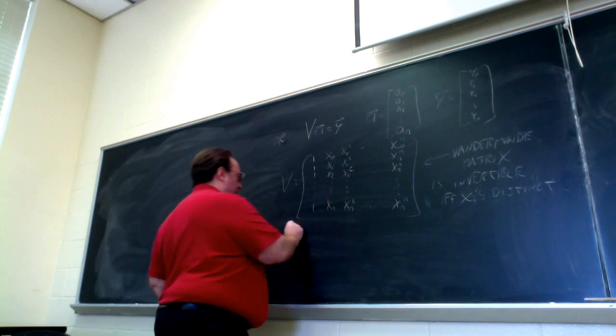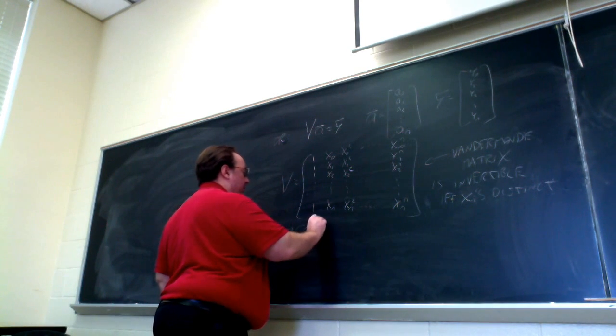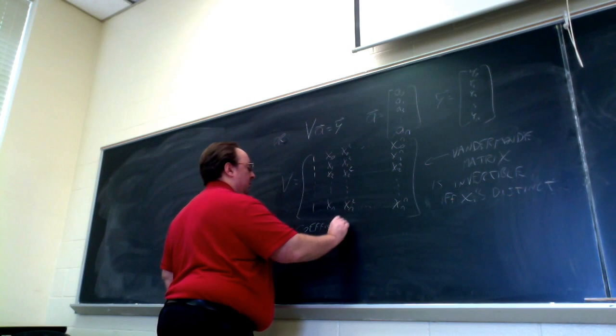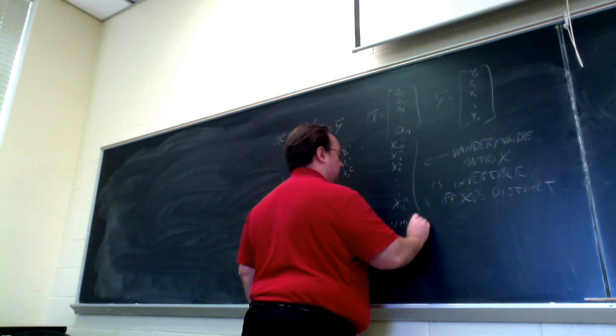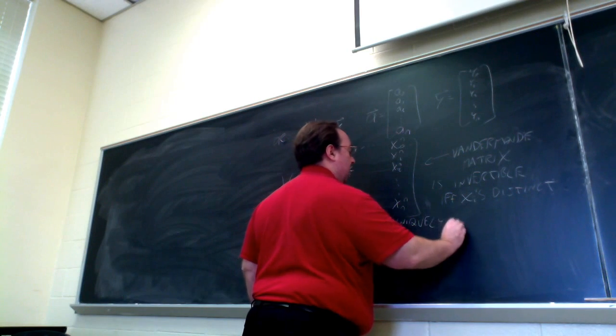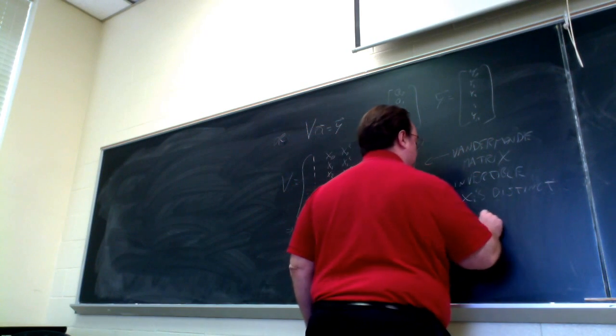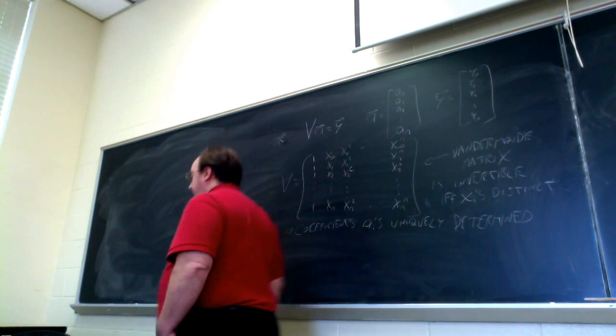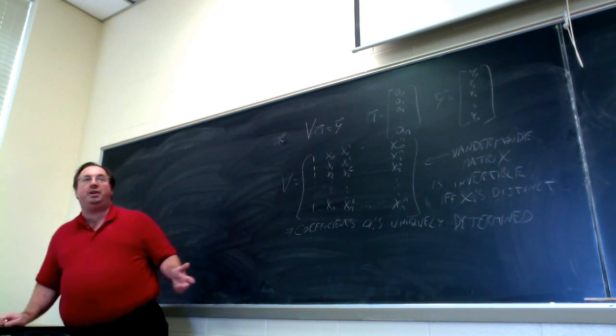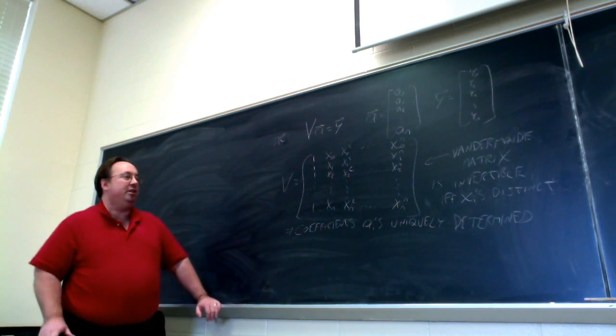So the coefficients, the a's, are uniquely determined. So that's one way to see that finding this polynomial of degree n has a unique solution.